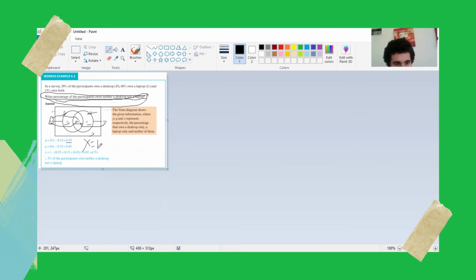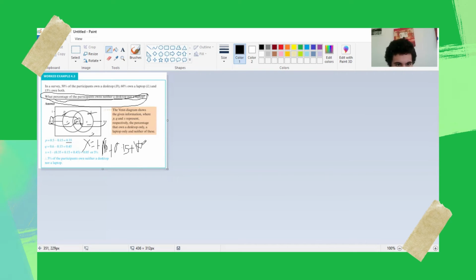So now we want to find X. To find X, we do 1 minus bracket 0.35, the value of P. I'm going to say VP as an abbreviation for the value of P, plus 0.15, which is the intersection, plus VQ.